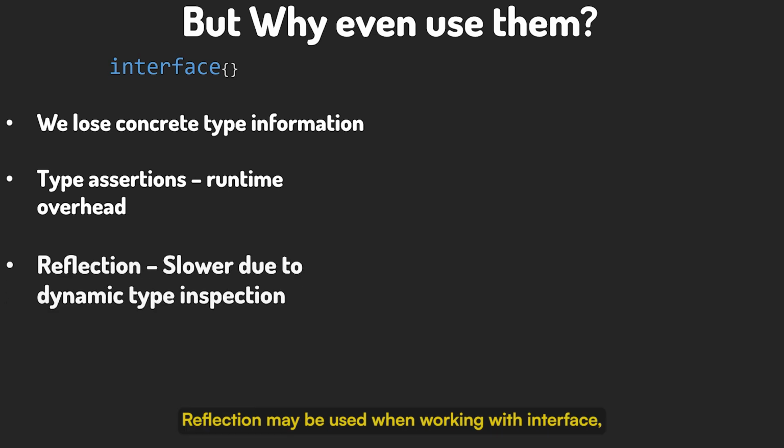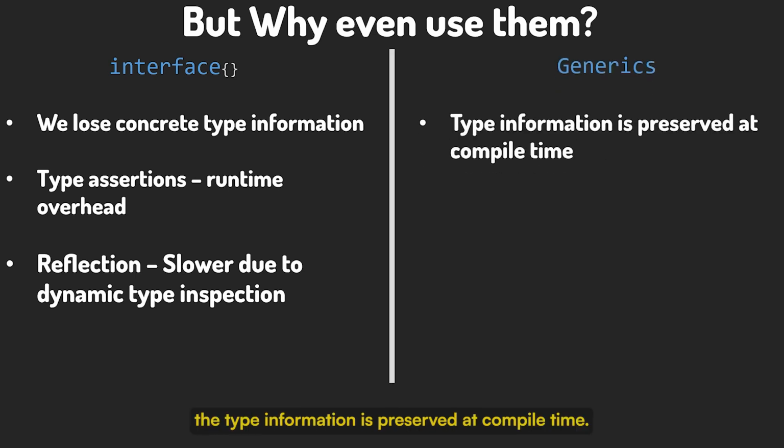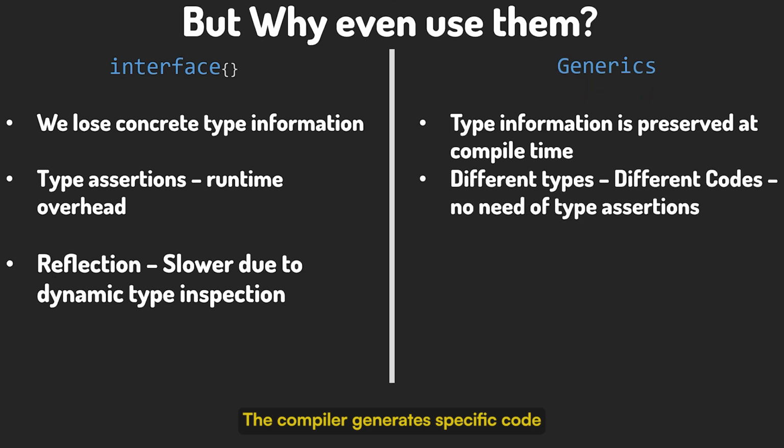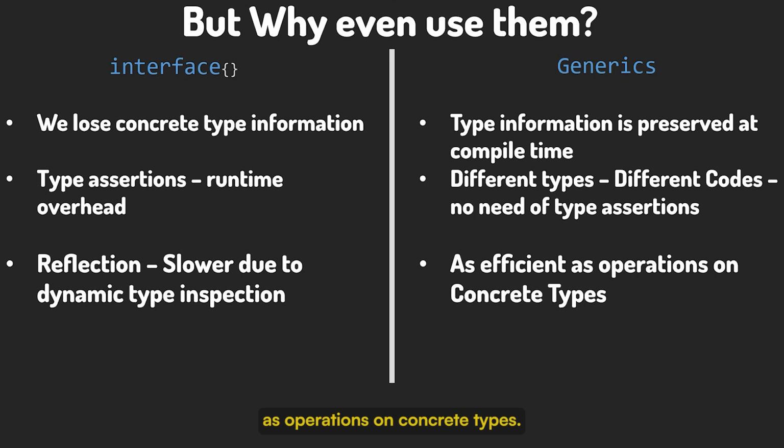Reflection may be used when working with interfaces, which is slower due to dynamic type inspection. While when we use generics, the type information is preserved at compile time. The compiler generates specific code for each instance of the type, eliminating the need for type assertions or reflection. So operations on generic types are as efficient as operations on concrete types.